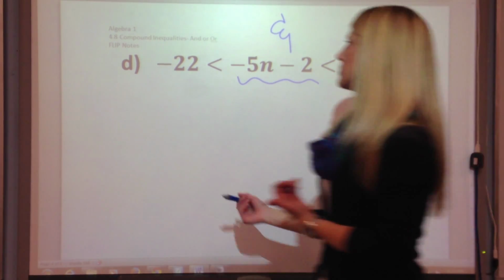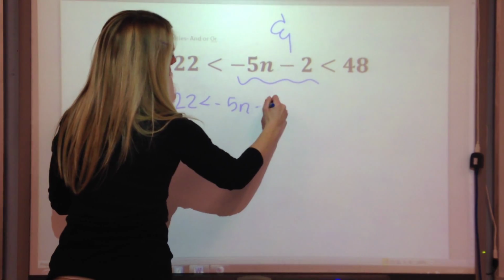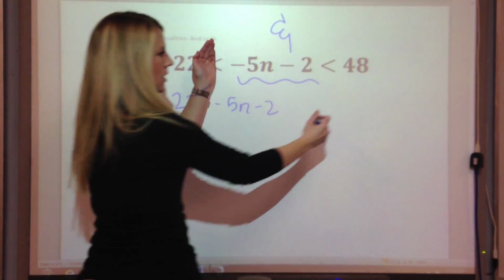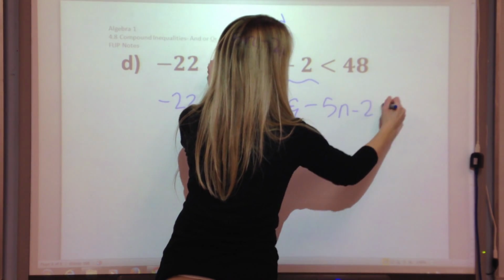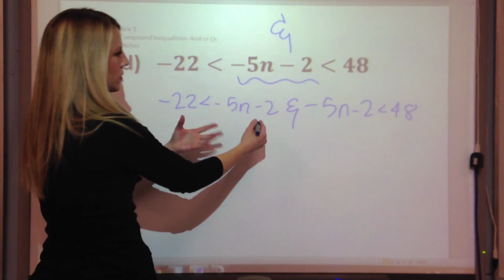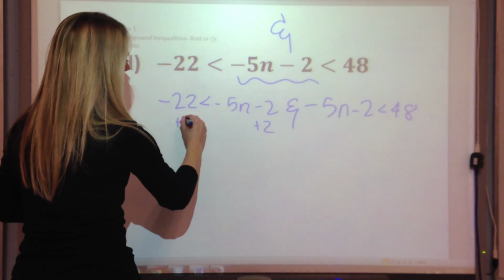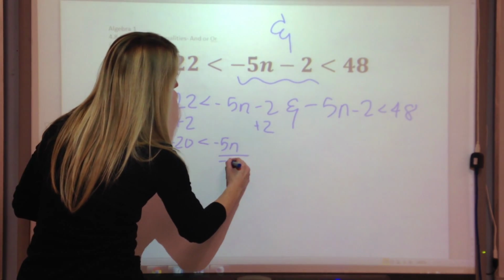I've got a compound inequality. Let's separate it out. Negative 22 is less than negative 5n minus 2. There's one inequality. And my other one, negative 5n minus 2 is less than 48. So I solve them both. Number on one side, variable on the other. I get negative 20 is less than negative 5n. Divide by negative 5.